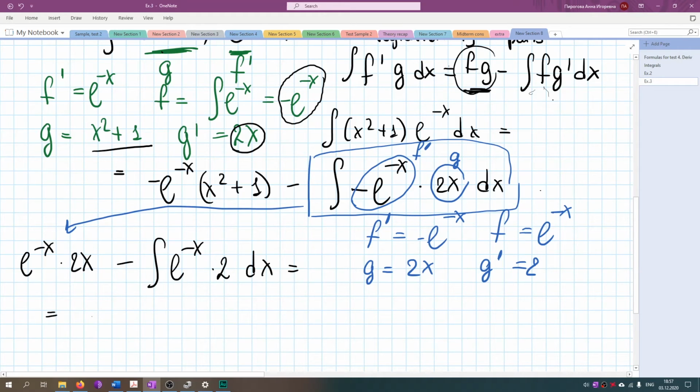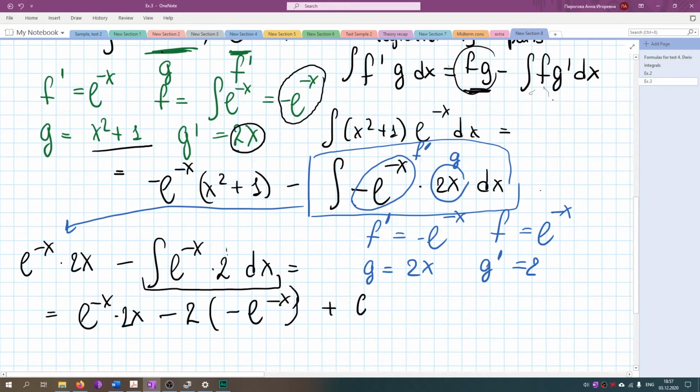So now we will rewrite it, and we can find the integral of this part. It is minus 2 multiplied by minus e in the power of minus x plus constant.